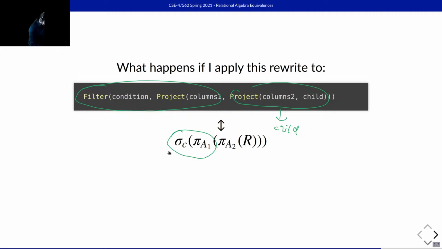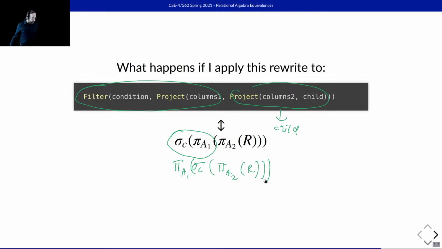So we're going to take this entire thing, and if we apply one step of transformation, what we'll end up with is pi a1 of sigma of c of pi of a2. So that's one rewrite. Now what?